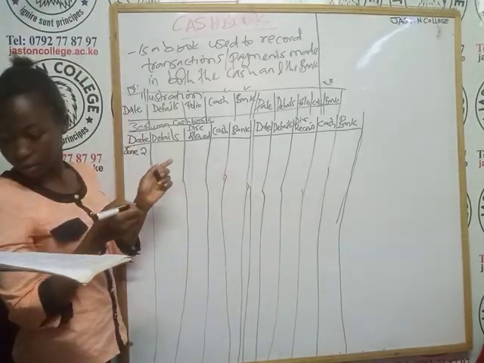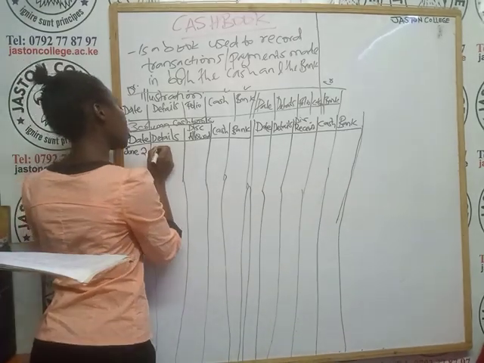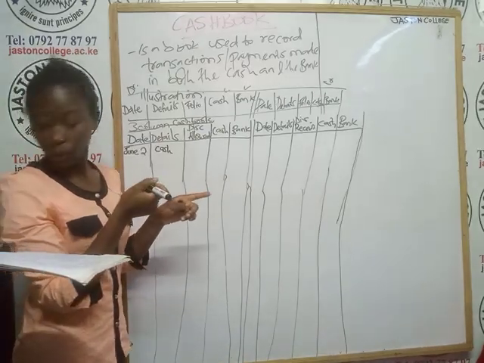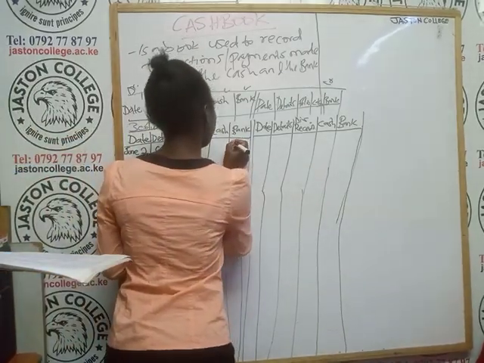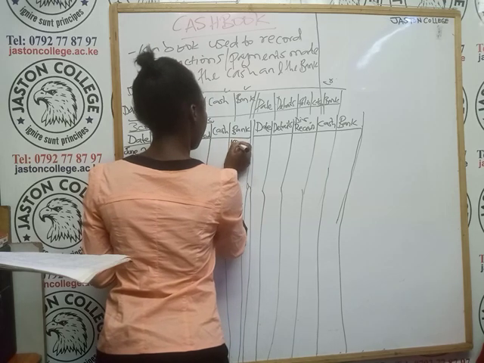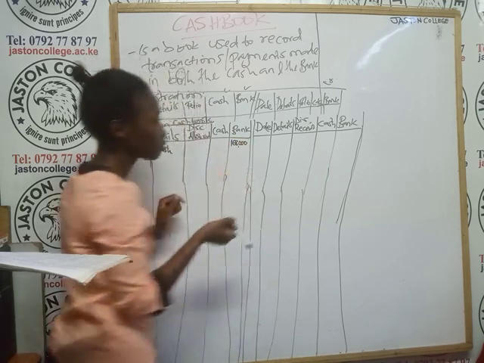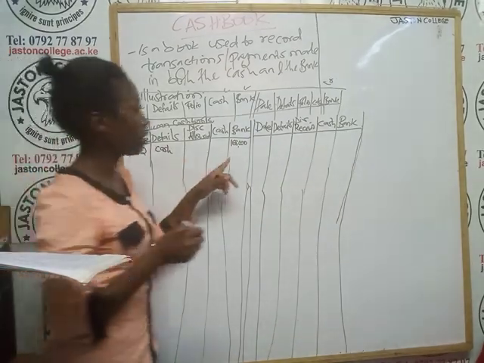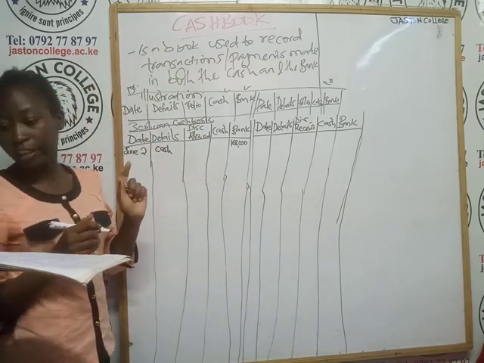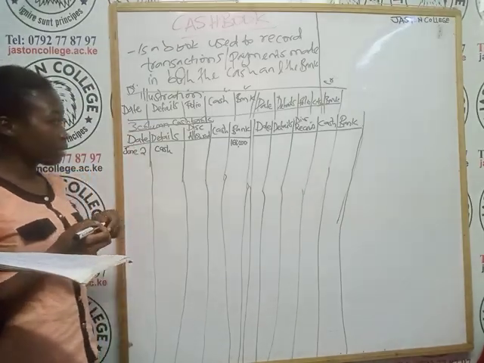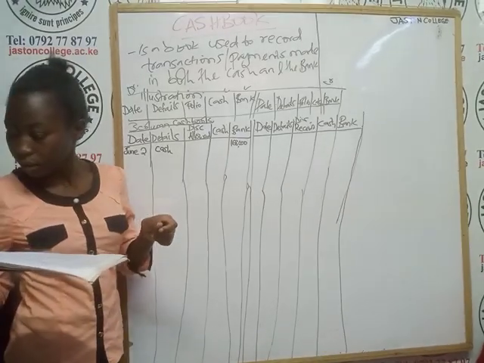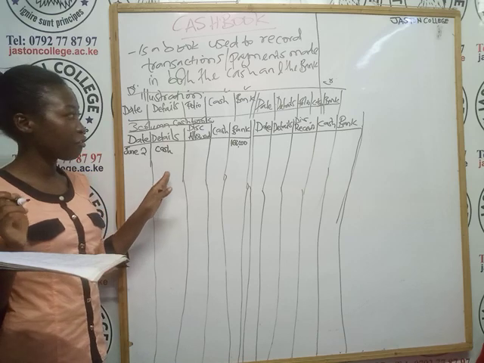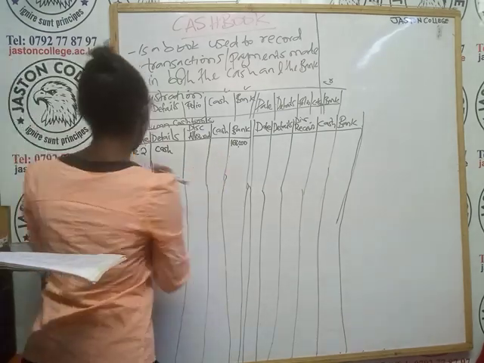So he used cash to open a bank account, in which he deposited 168,000. And what he started business with was 216,500. So we will put it here.